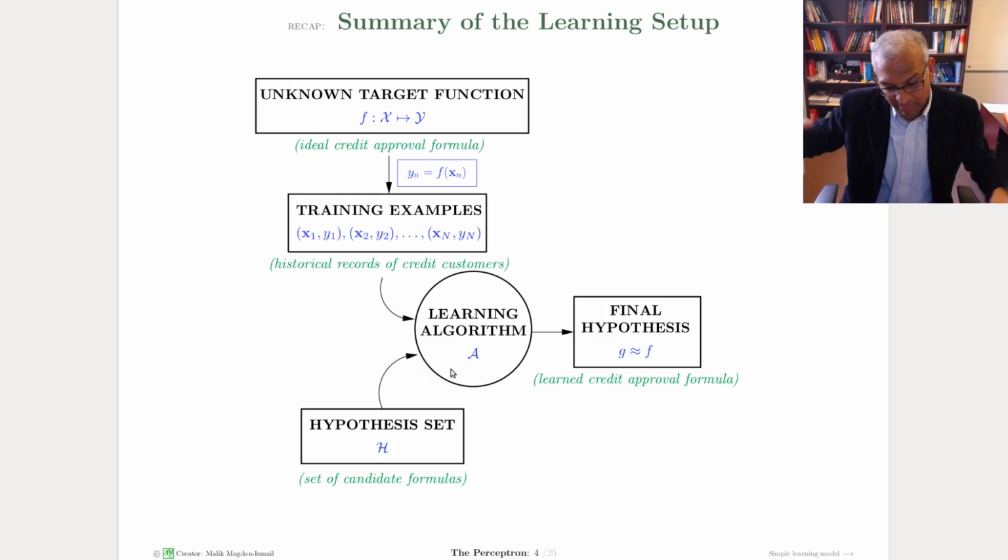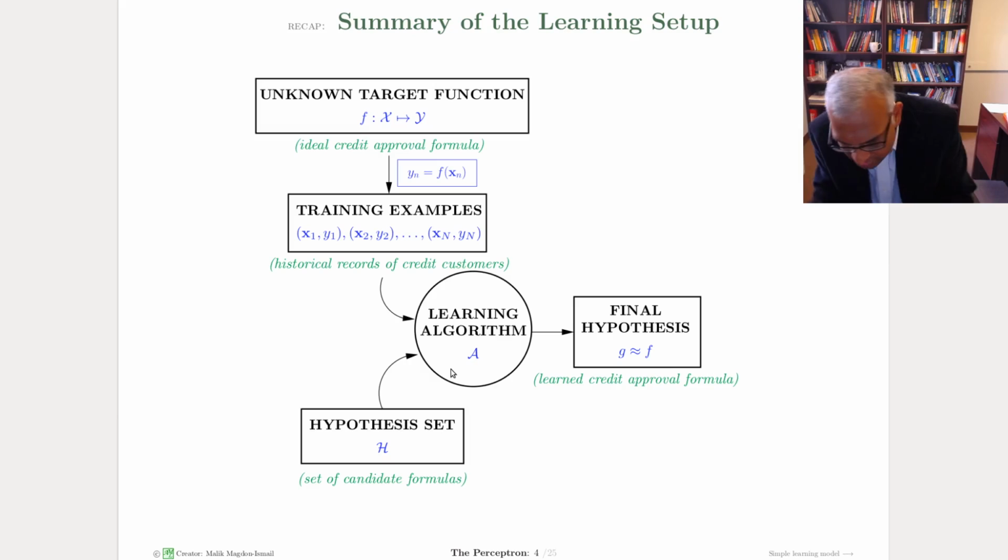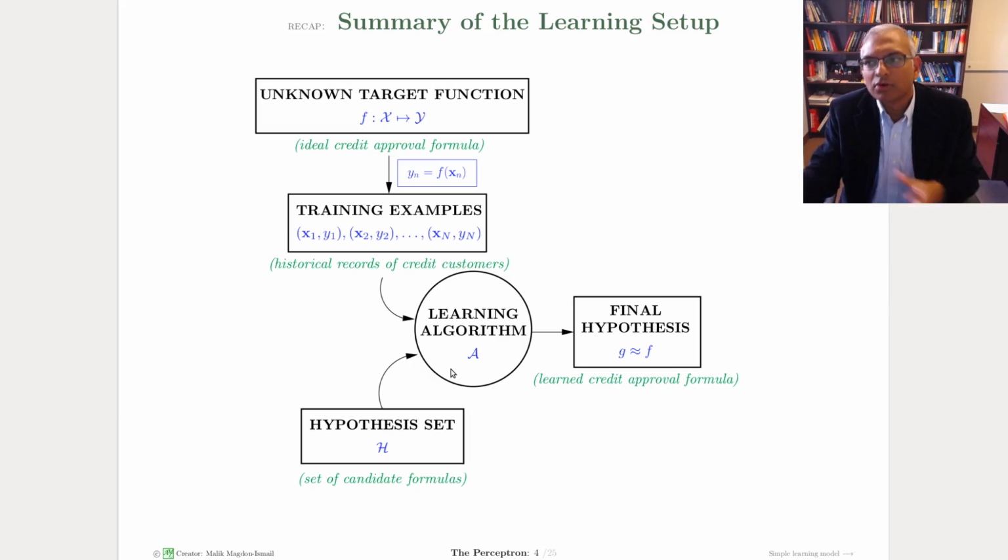So there's both the mathematical / learning issue of what's the criterion that the algorithm should use to pick a hypothesis. And then there's the algorithmic computational issue of, okay, how does the algorithm actually now go and search through this hypothesis set in order to find the hypothesis that satisfies this criterion. Okay, so there's two separate issues here. What's the right criterion, and how do you go and find it?